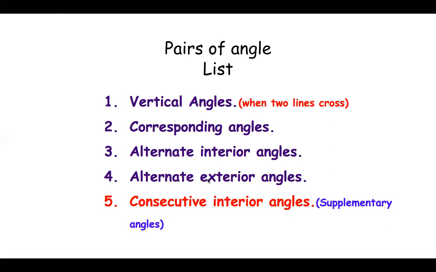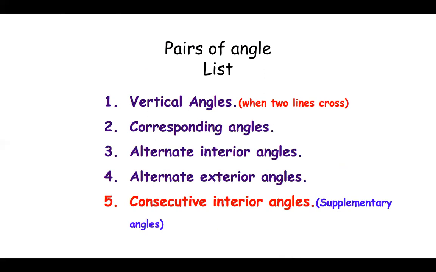All these four types of angles are congruent. If you find a pair of vertical angles, those two are congruent. Corresponding angles are congruent. Alternate interior angles are also congruent, and alternate exterior are also congruent. The last one is consecutive interior angles, which are supplementary. What is a supplementary angle?